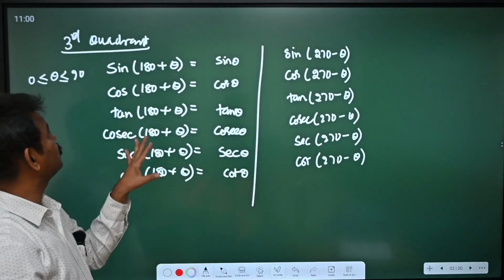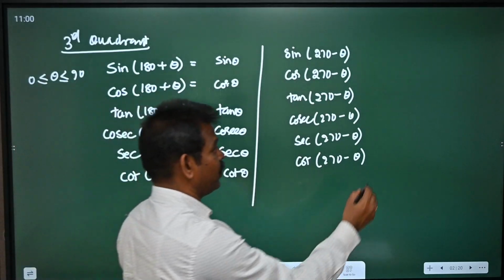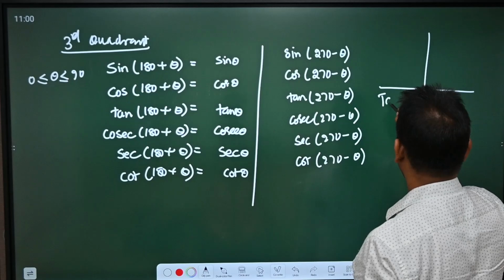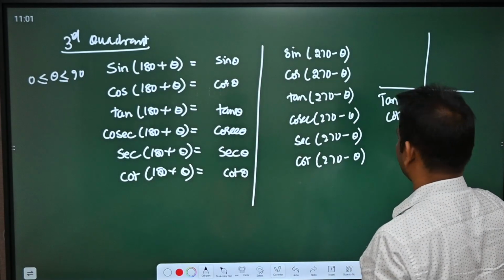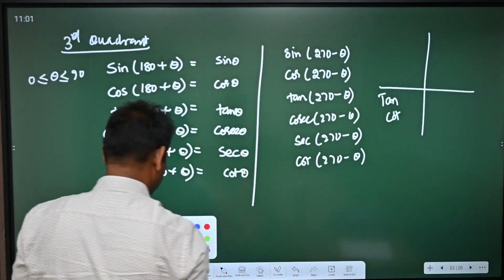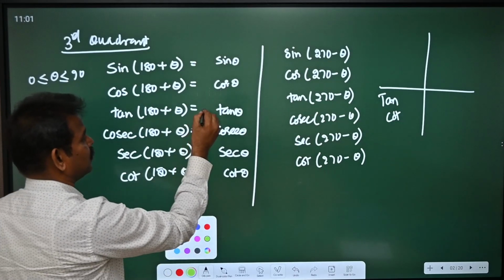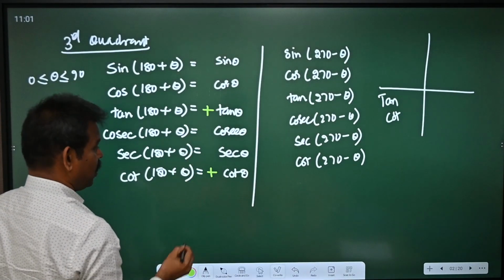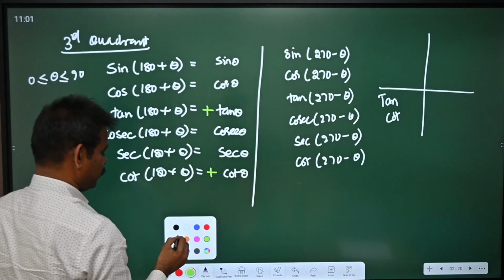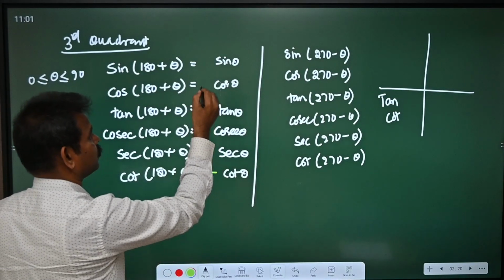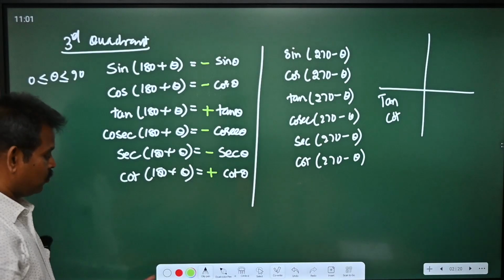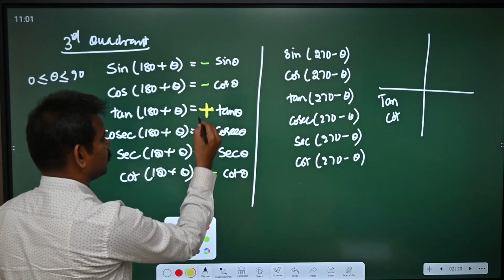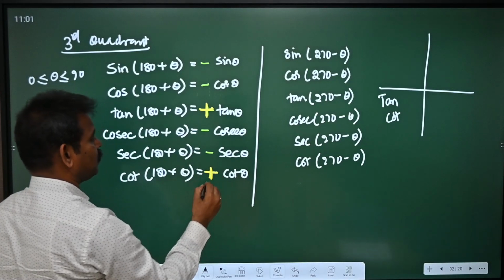But what are positives in the third quadrant? Already we have observed in the third quadrant, tan and cot are positive. So here in this list, this will be positive, this will be positive, and the remaining all are negative. Only tan and cot will be positive.